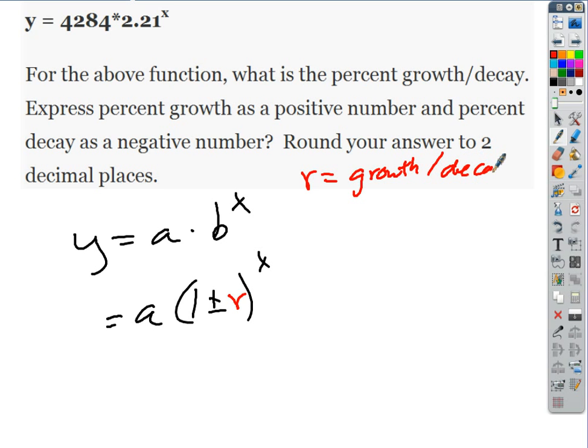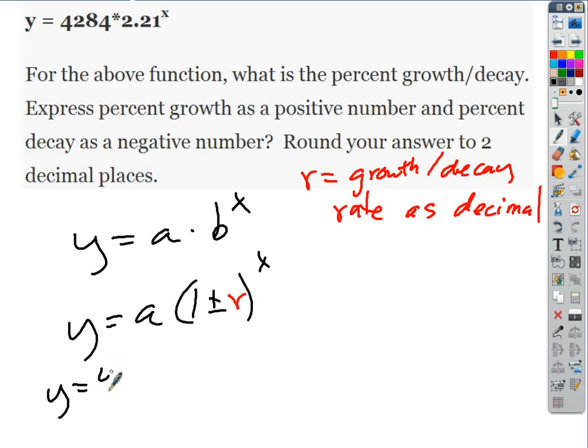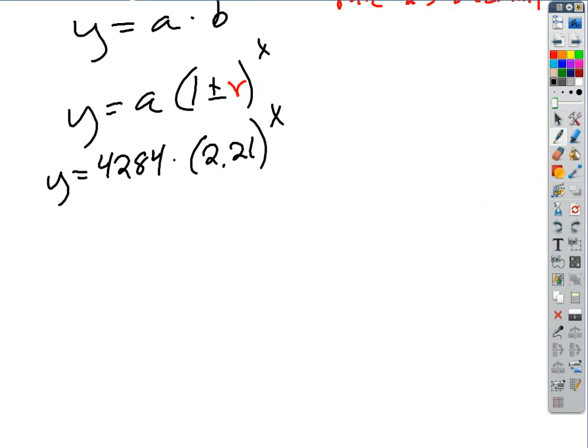Growth or decay. As a decimal. So in this case right here, if we have y equals 4284 times 2.21 to the x, what's the initial value, A? 4,284.